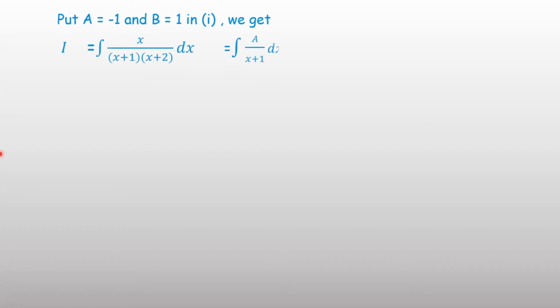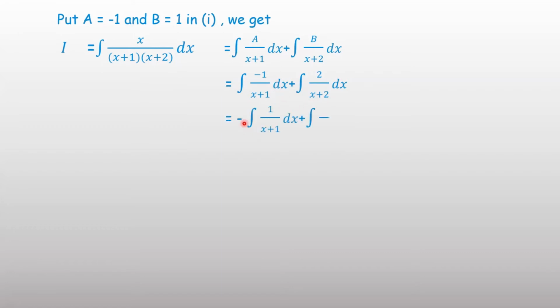I equal to integration of x upon x plus 1 into x plus 2 dx. By putting the value of a and b, minus 1 upon x plus 1 dx plus 2 upon x plus 2 dx. The next step, minus 1 outside, 1 upon x plus 1 plus 2 upon x plus 2 dx.